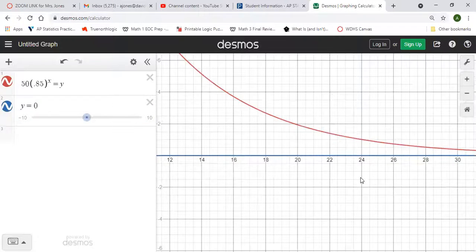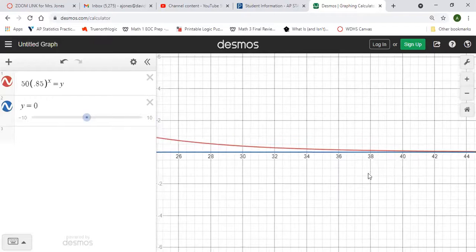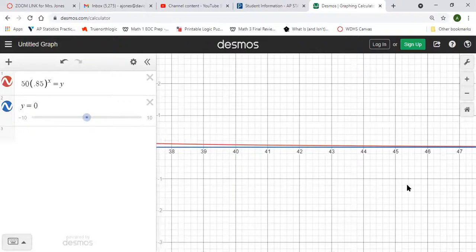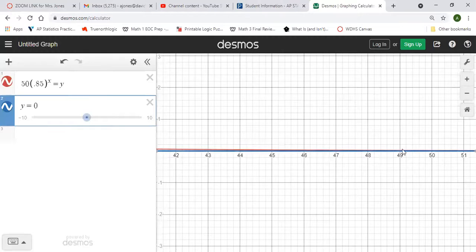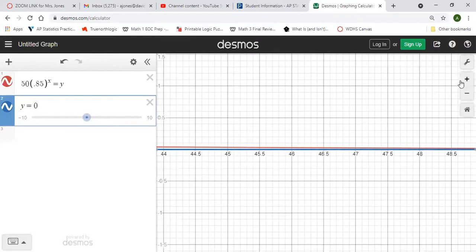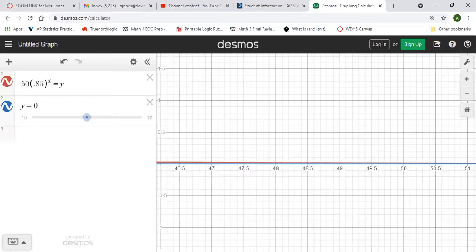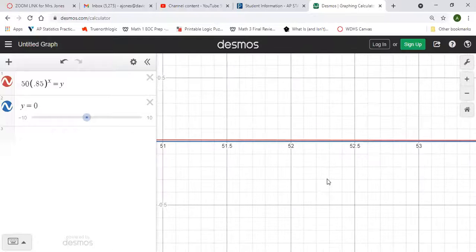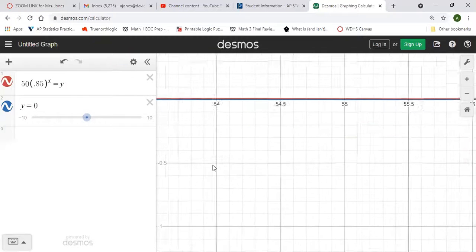I'm going to have to move it over and check out that point where they cross. Only on the blue one. It's really far away. I don't like it this way either.